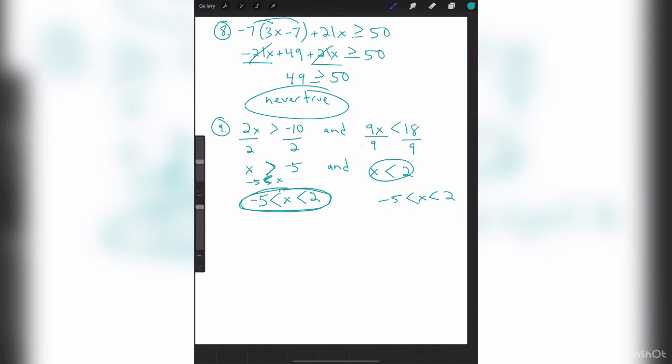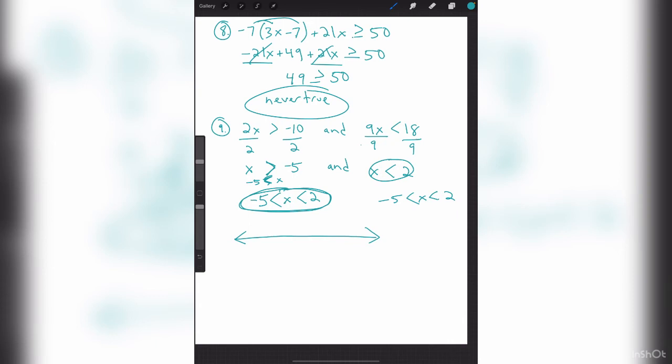You always want to have the arrows facing that way when writing it, because this makes sense logically from left to right: -5, the lowest number, is on the left, the variable is in the middle, and the biggest number is on the right. Make sure when you write it that way, because it also makes it easier to graph.